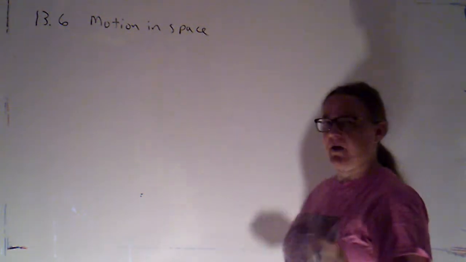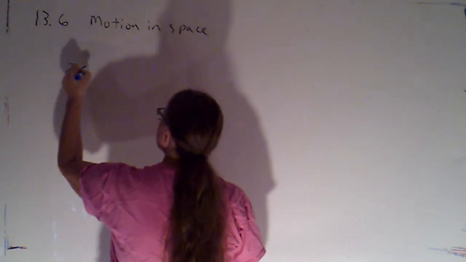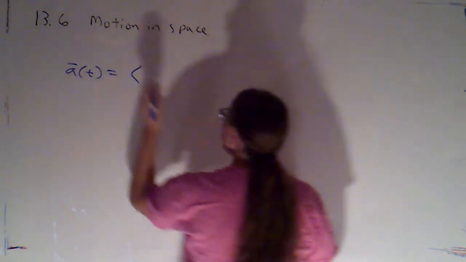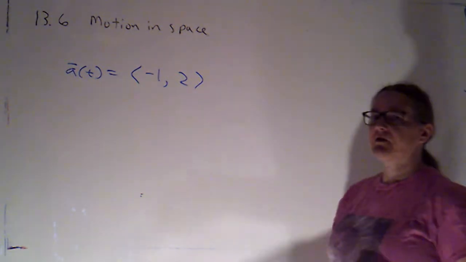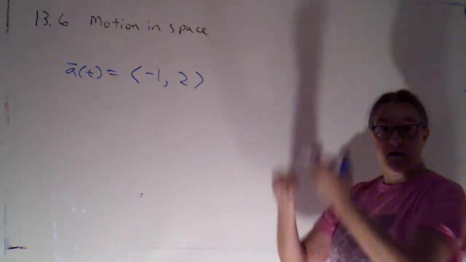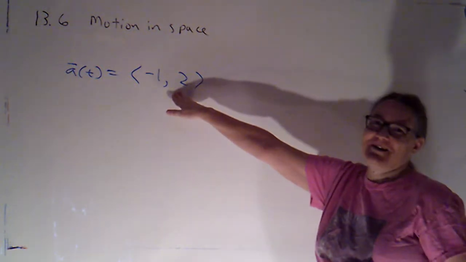So I'm going to suppose that we're on a totally different planet where acceleration is a function of time, but acceleration acts to the left and up. So the acceleration is constant, just like it is here on Earth, but it's pointing left and up.